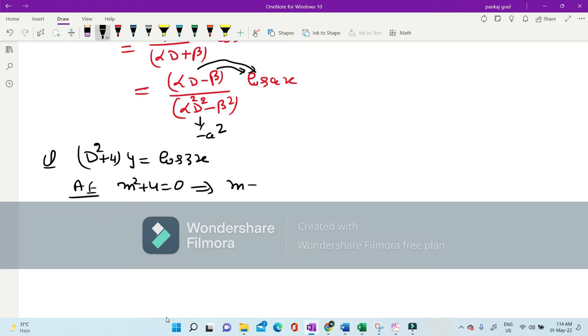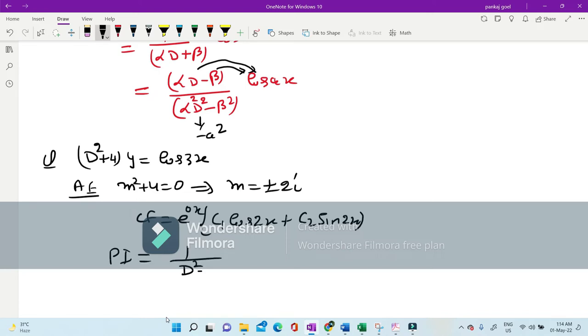We can say m equal to plus minus 2i. What is the CF? CF is equal to, real part is 0, so e to the power 0x and then c1 cosine of 2x plus c2 sine of 2x. Then we come to the PI part, 1 upon d square plus 4 and this cosine of 3x.